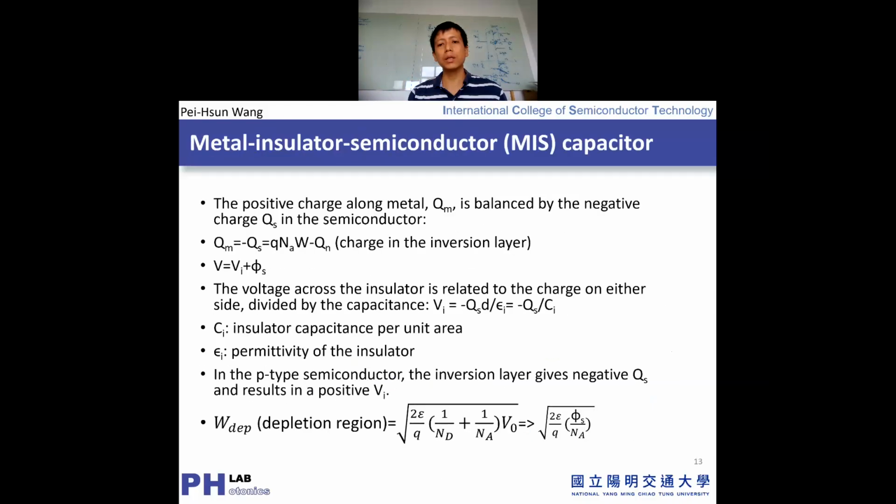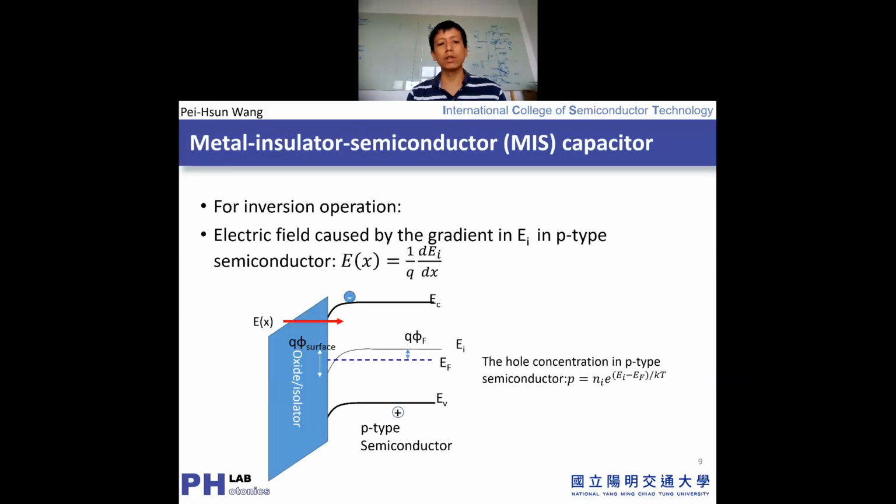So you can consider that even if we assume it is strong inversion, we try to accumulate the electron, but where is the electron? It's from here. And what is the percentage of this free electron? It is really low because if you have a high doping of p-type semiconductor, it could be 10 to 17. So you take ni squared divided by Na, you get the free electron typically on the order of 10 to 3.